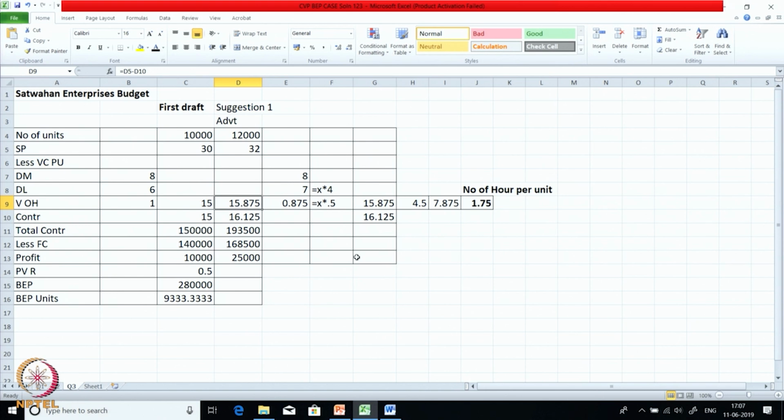Are you getting it? They will be able to achieve the target profit, increase the production, give more payment to workers, do everything, provided they can reduce the number of hours per unit from 2 to 1.75. That is the offer we want to make to workers: we are willing to increase your rates provided you cut down the number of hours to 1.75.